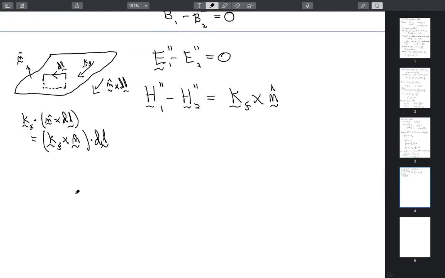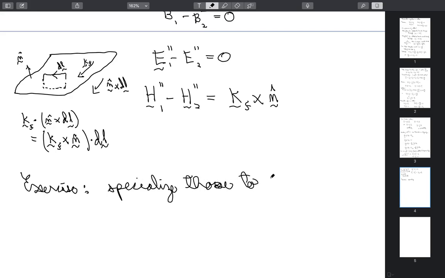Okay, so these are the boundary conditions that are obeyed by my fields. And again, maybe as an exercise for you, specialize those to the case of linear media, and just see the equations in Griffiths.